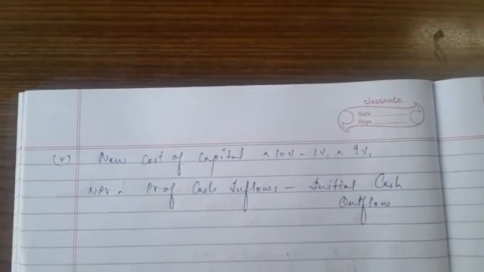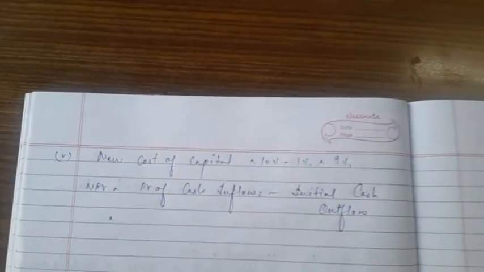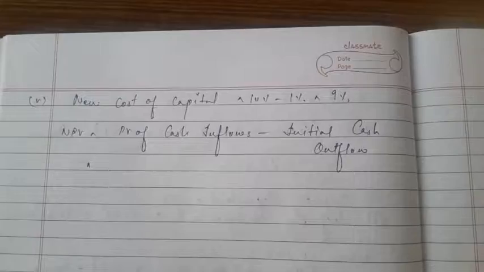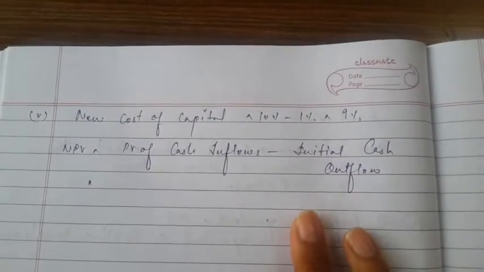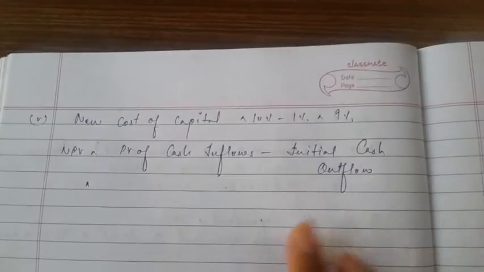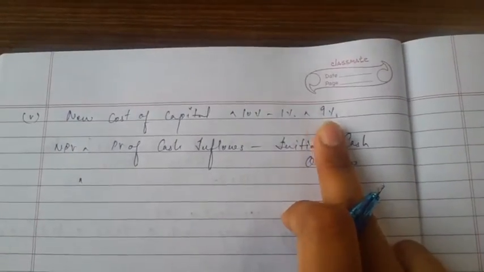I'm not writing the formula in detail because we have already mentioned it earlier. PV of cash inflows is annual cash inflow of 1,09,000. This fifth part will be done in the same manner as the first part, where you computed the expected NPV. Exactly the same, but there we took the cost of capital as 10%, and here we have to take it as 9%.